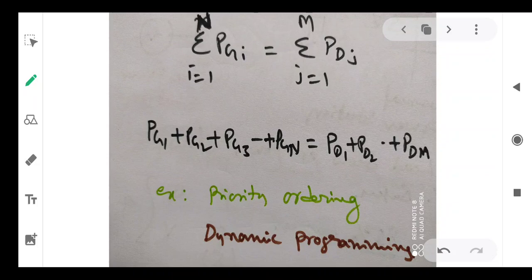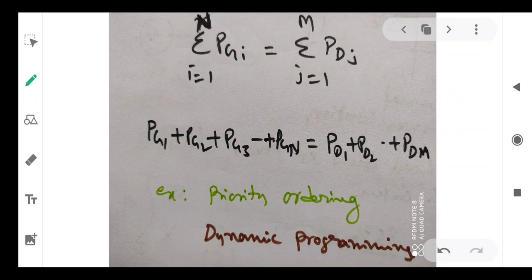By using priority ordering or dynamic programming methods, we will arrive at the unit commitment solution. The unit commitment problem is: among n generating units, which unit has to be generated first and which unit has to be generated last.